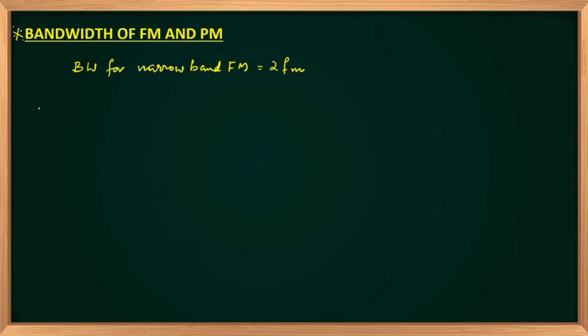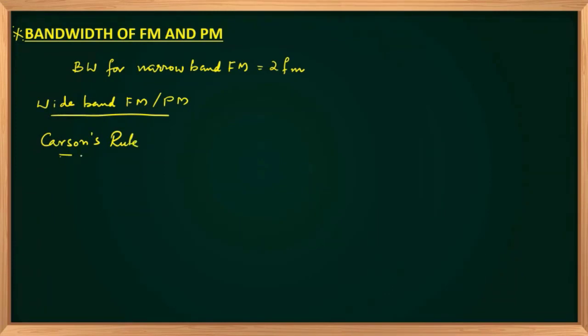But for wideband FM or PM, we will use another formula given by Carson's rule. Carson's rule gives an empirical formula for calculating the bandwidth of wideband FM or PM.